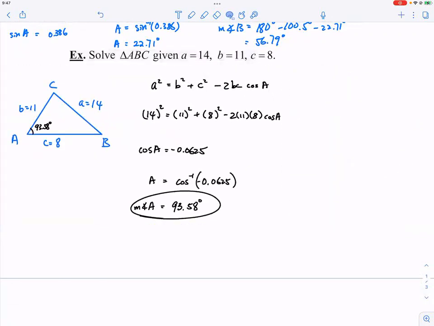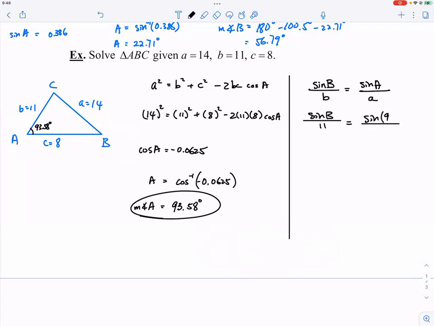I'm just going to go ahead and use law of sines so that you can practice to find angle B. So I would say sine B over B is equal to sine A over A. And sine B over 11 is equal to sine of 93.58 degrees over A, that is 14.